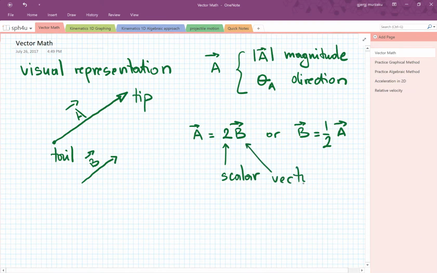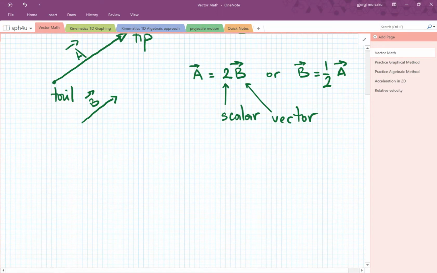So what we've done is we changed the magnitude, if you will, of the vector. This is now an operation with vectors, and that is known as multiply by scalar.